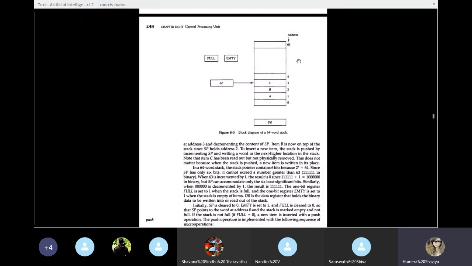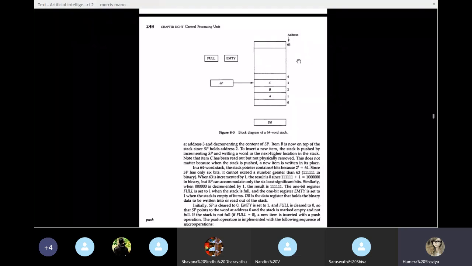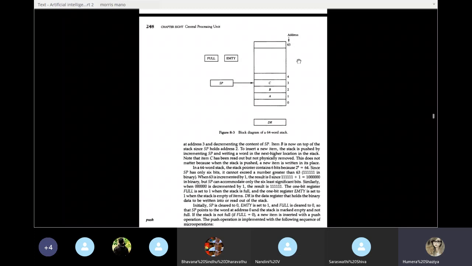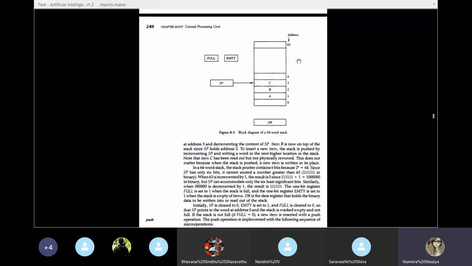Next, in this you have a full, you have empty. Those are the flip-flops which track the status of stack, whether it is full or empty. And there are 64 address locations, 0 to 63, and the stack pointer is like a top.